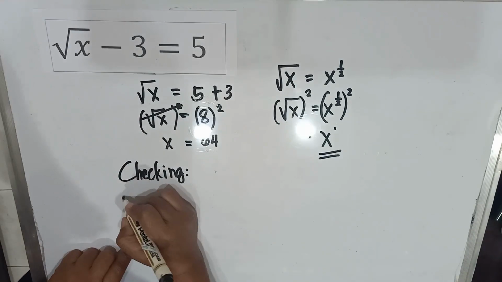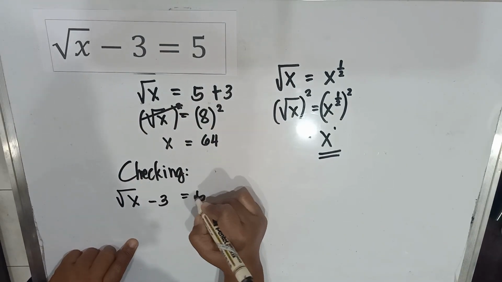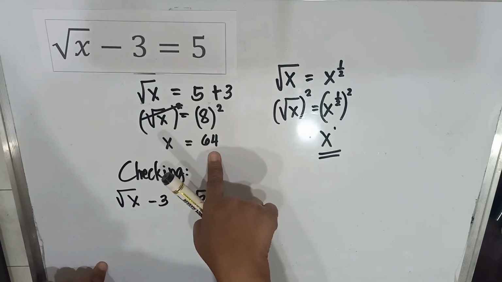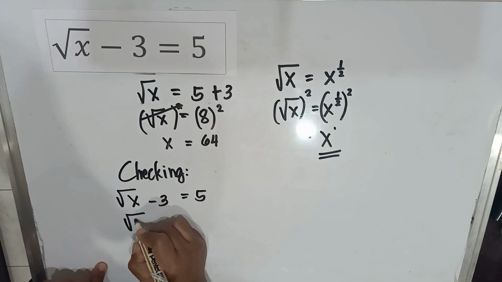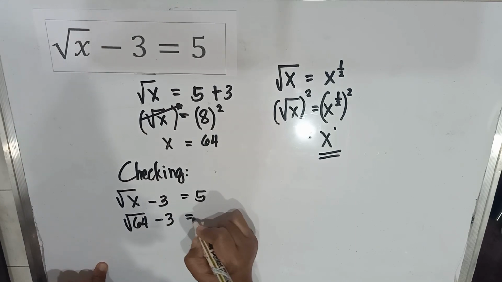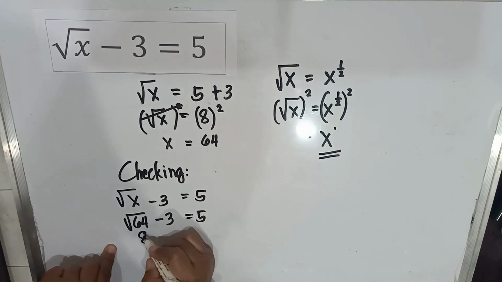So going back to the original equation, square root of x minus 3 is equal to 5. Since the value of x is 64, that would be square root of 64 minus 3 is equal to 5. Square root of 64 is 8. Why?